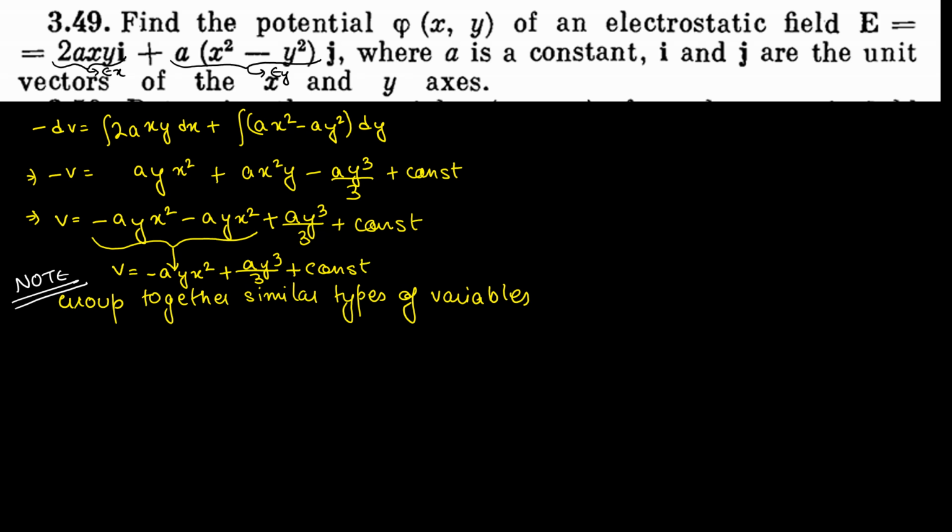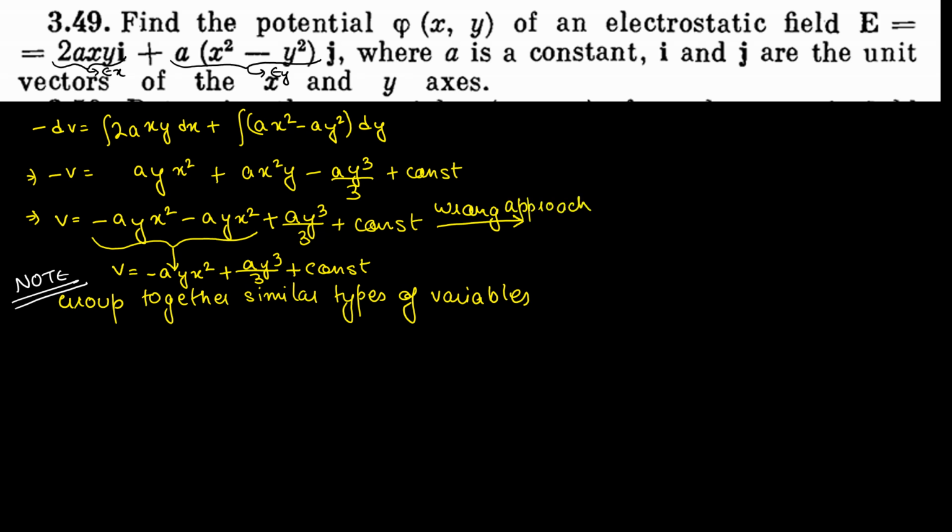Now you might have the question, sir, why are you doing it like this? Why isn't minus ay x square minus ay x square equal to minus 2ay x square? So I'll do the wrong approach first, then explain what's going wrong. Wrong approach.